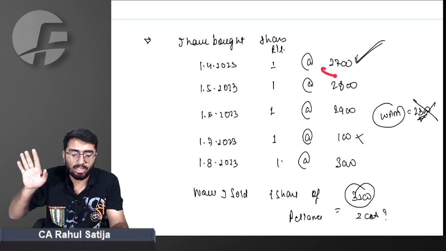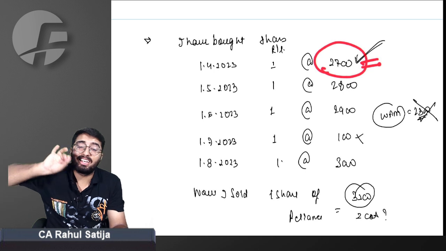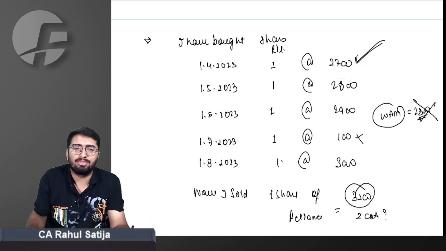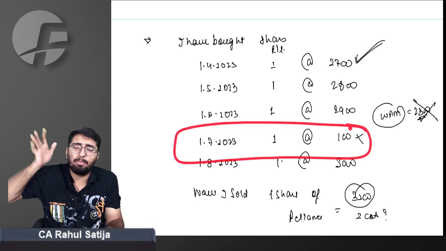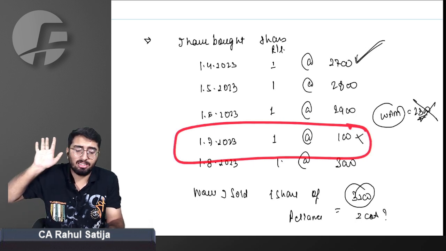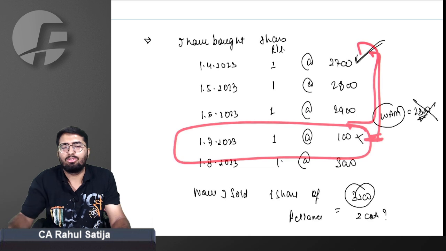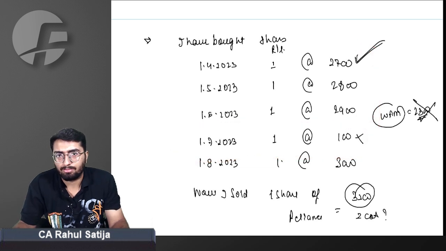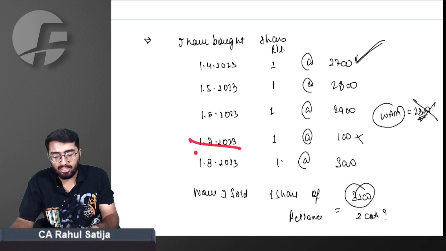Whatever shares enter the demat account first will be taken first while considering cost of acquisition at the time of sale. Even if this share was bought way back, it will not be considered for sale unless these three shares are sold first. The date of entering into account is the most relevant and not the date of buying.